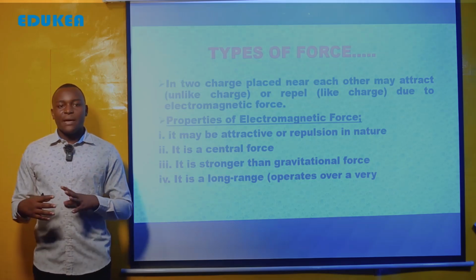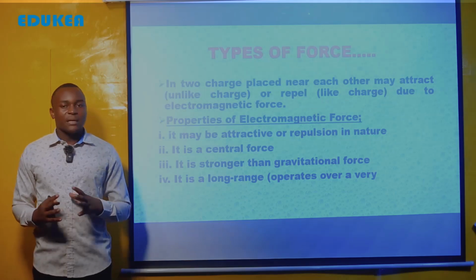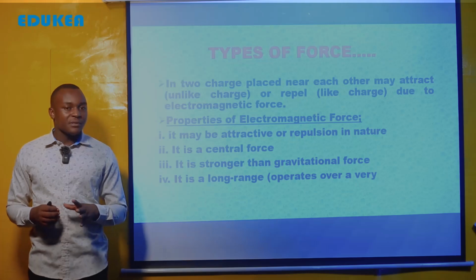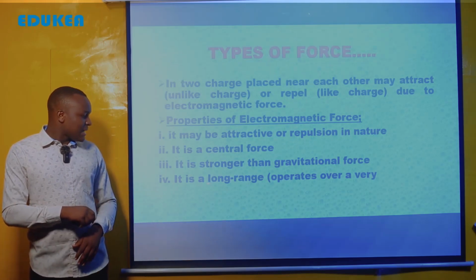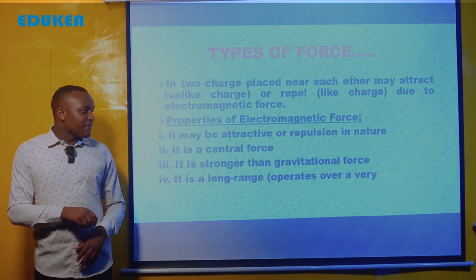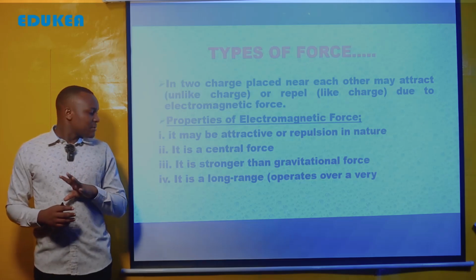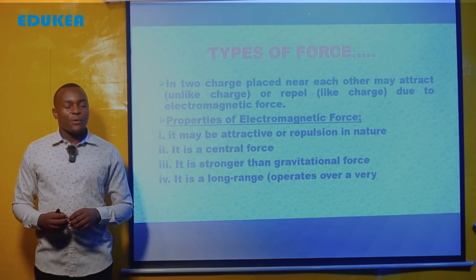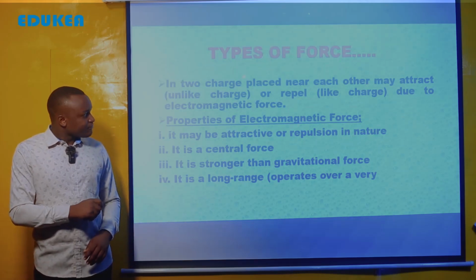When you compare the strength of the gravitational force with electromagnetic force, we see that electromagnetic force is much stronger. It is long range, meaning it operates over a very large range, as compared to gravitational force.